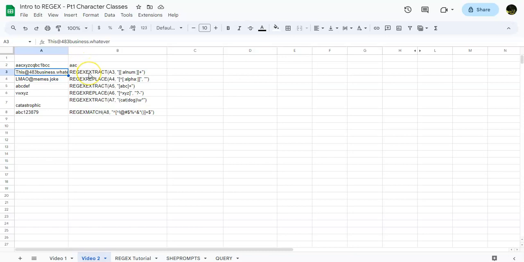All right. Now I'm actually going to skip down here because this is also important. Here we're talking about not characters. What this is saying is that for everything that is not X, Y, or Z, substitute this.